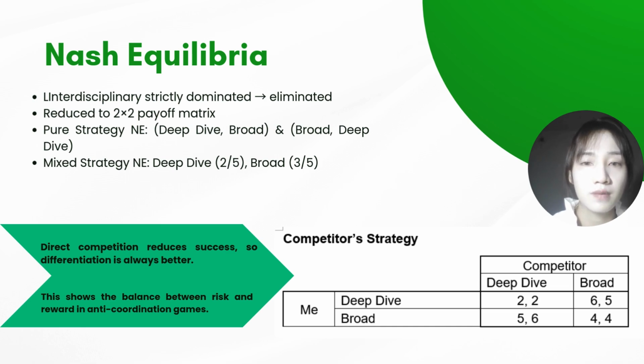There was also a mixed strategy Nash equilibrium, where each player chooses deep dive with probability 2/5 and broad with probability 3/5. This balance reflects that a player cannot fully predict the other's move. So mixing strategy is a rational way to manage risk and reward.